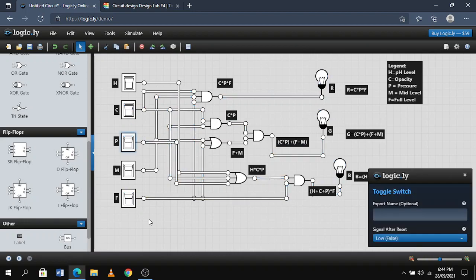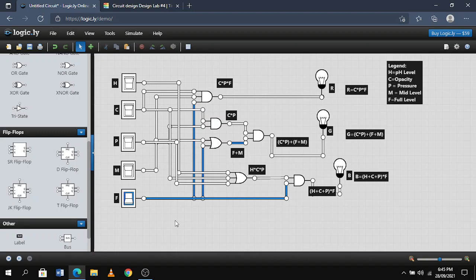For our last function, turn on the blue light when the tank level is full, the F is at logic 1, and any of the sensors stated are high, which is the H, C, and P. Let's first turn on one of the sensors. Let's choose H. So the blue light turns on.